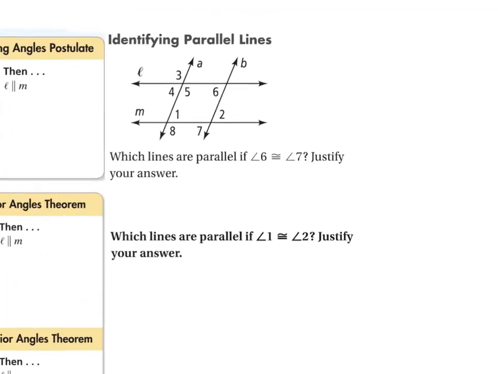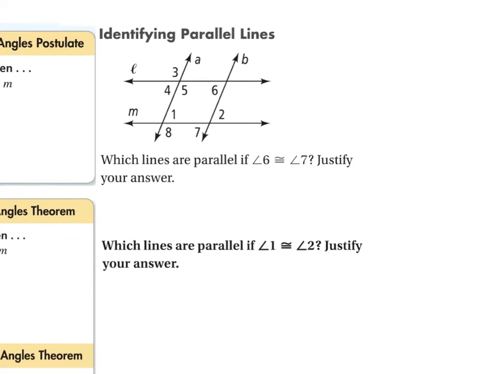So, which lines are parallel if angle 6 is congruent to angle 7? What can you see about 6 and 7? It looks to me like that would be talking about this section right here. That's all you can see.